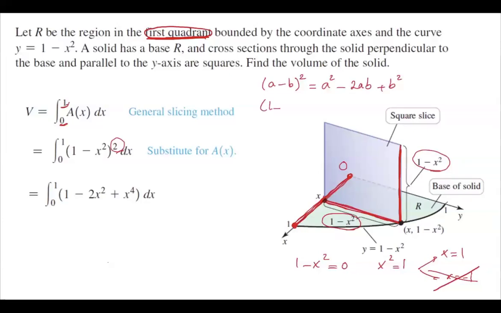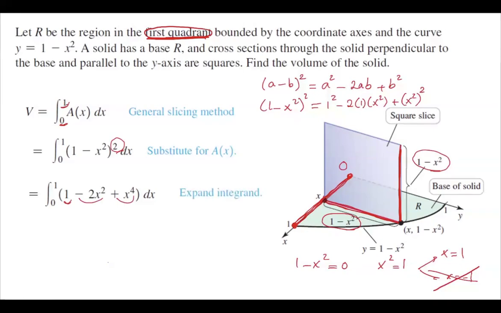So 1 minus x squared to the second power is 1 squared minus 2 times a, which is 1, times b, which is x squared, plus x squared to the second power. That's how you end up with 1 minus 2x squared plus x to the 4th.